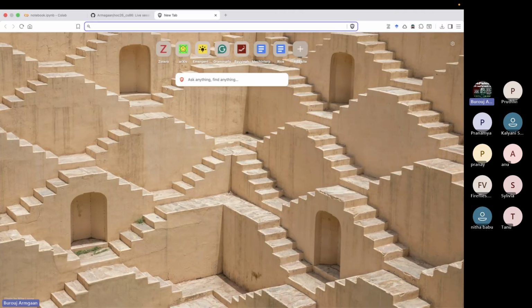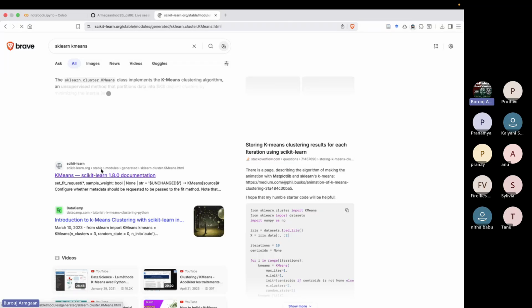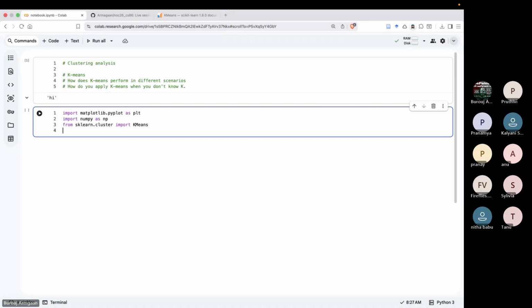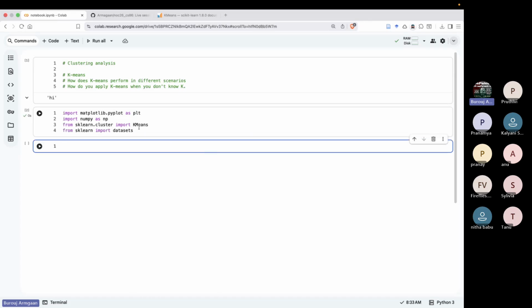So we can maybe also keep it here for handy. Sklearn's k-means. And we'll take some data sets from sklearn so that we can apply k-means on those.